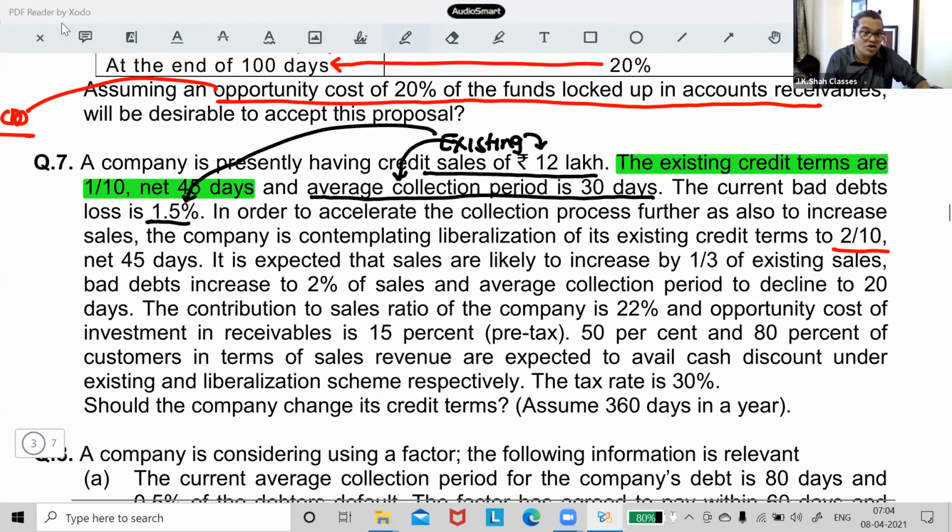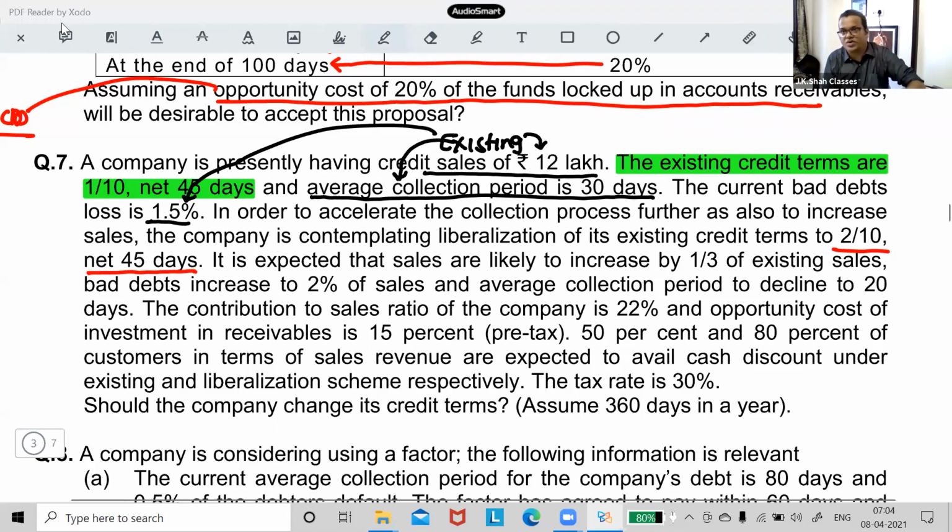Now, you are my customer, and I'm offering you 1 by 10 net 45. That means if you pay me within 10 days, you'll get a discount of 1%. Now, to make you buy more from me and to make you pay early, I'm making one small change in the credit policy.